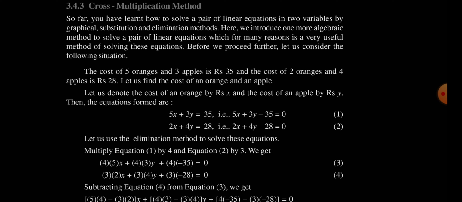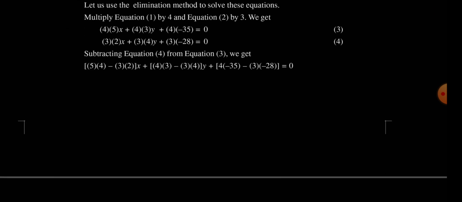Multiply equation first by 4 and equation second by 3, we get 4 into 5 into x plus 4 into 3 into y plus 4 into minus 35 is equal to 0, and 3 into 2x plus 3 into 4y plus 3 into minus 28 is equal to 0. That's the fourth equation.